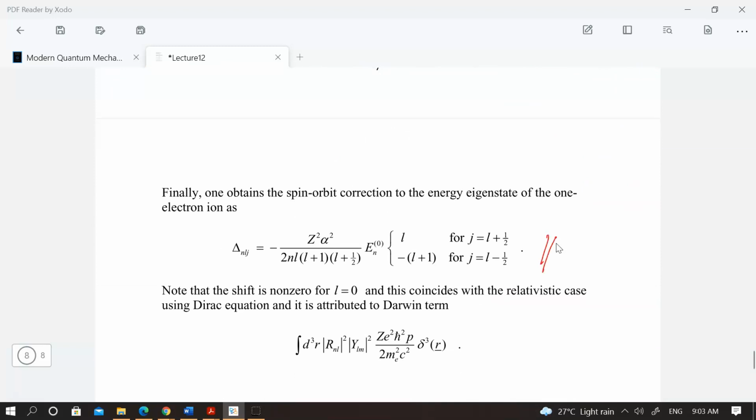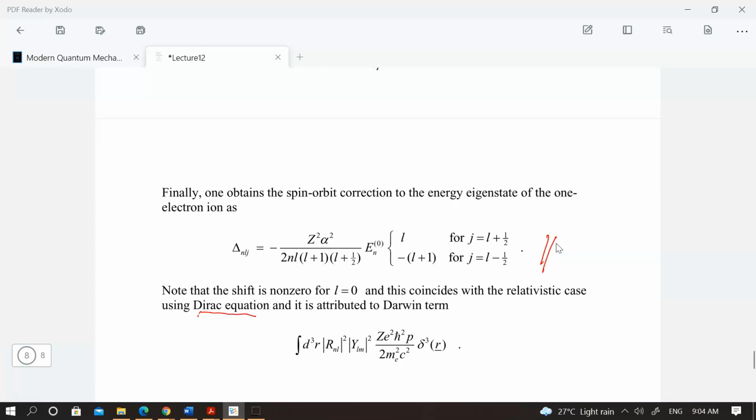Now people have actually done this calculation in a much more relativistic form. For the relativistic form, one needs to use the Dirac equation.